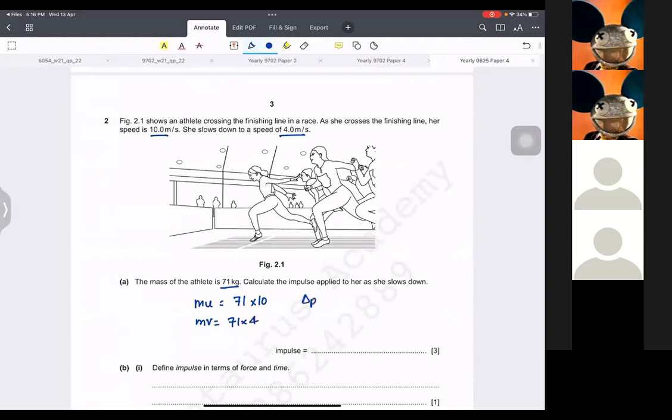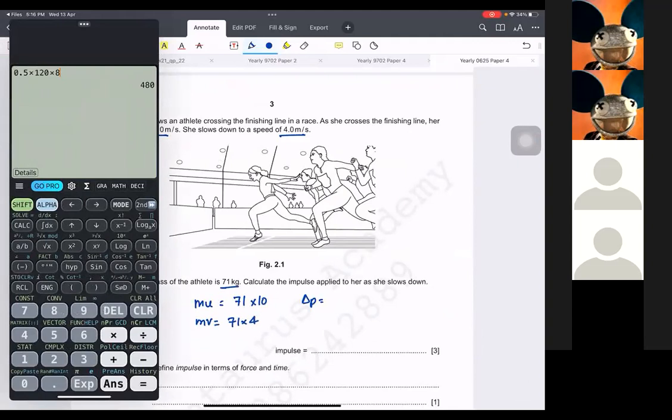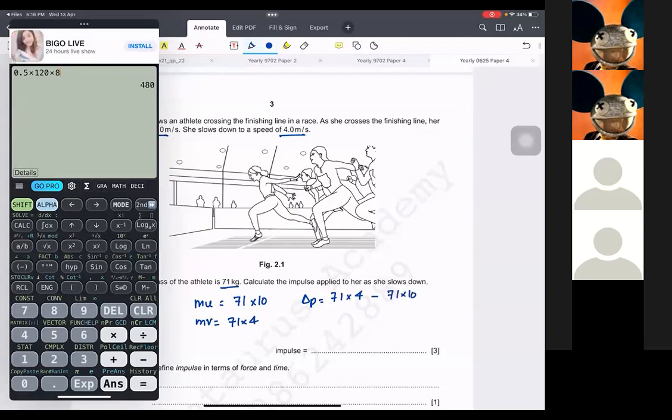So impulse is basically change in momentum. So 71 times 4 minus 71 times 10. It just says magnitude, so we're just going to write magnitude. So that is 426. And the units will be newton second.